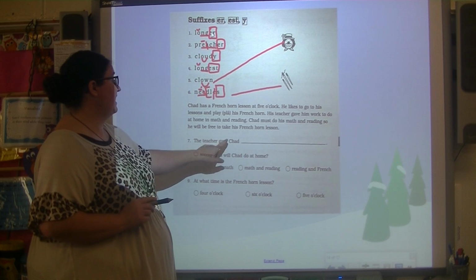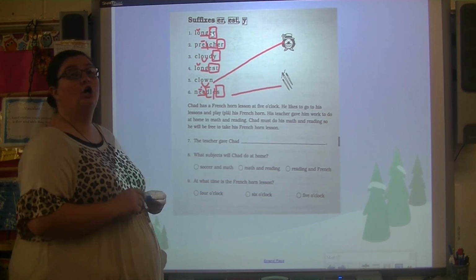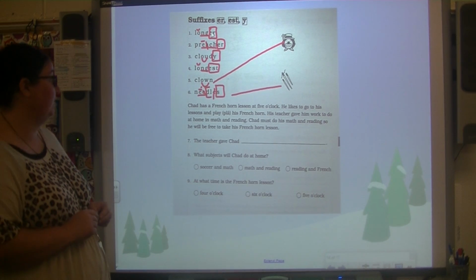The teacher gave Chad blank. Underline it and write it on the line.